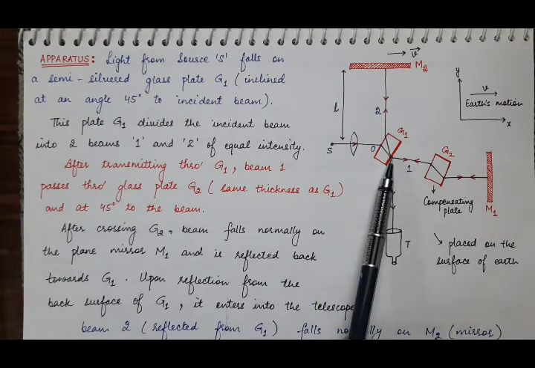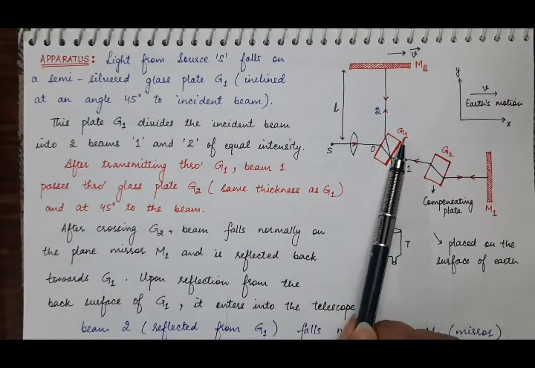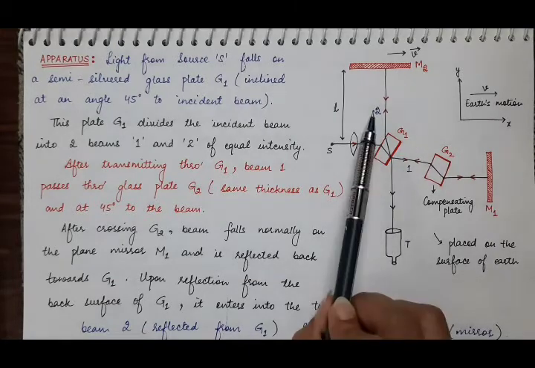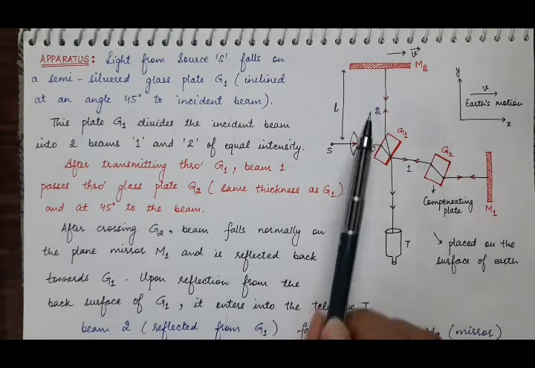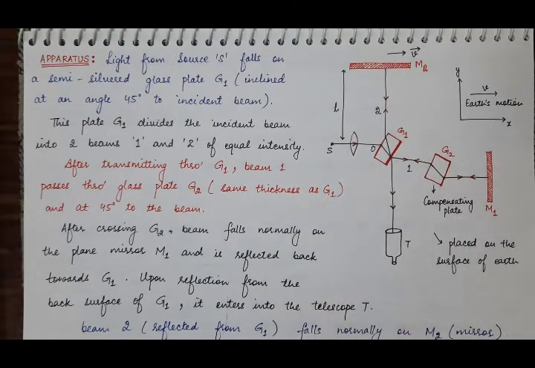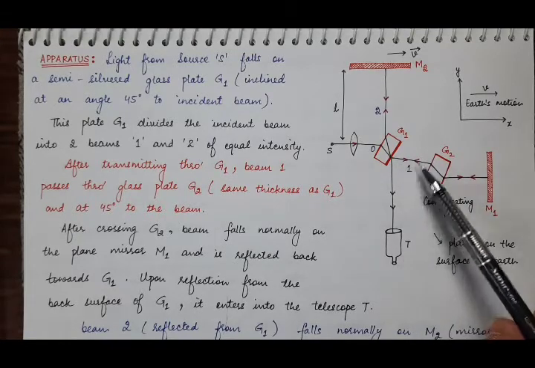So at the back surface of this glass plate G1, this beam of light gets split into two components, beam number 1 and beam number 2. Then we are using two plane mirrors for the reflection of beam 1 and beam 2. And this telescope is used to observe the interference pattern of the reflected beam and the transmitted beam, or you can say the interference pattern of beam 1 and beam 2.